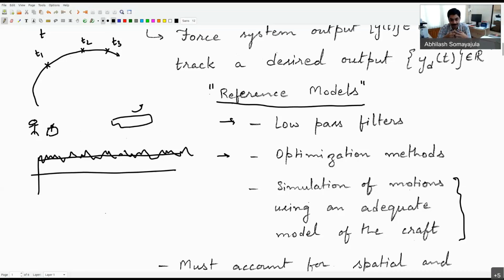Sir, I thought this joystick is more on the control side, like we are giving the system an input. Correct. So typically you would think like that, and when we are doing it in our wave basin, you would be right in thinking that it is more of a control aspect. But when you're doing dynamic positioning in a large scale ship, your command doesn't directly result in a thruster command.